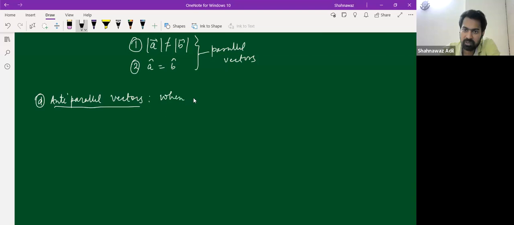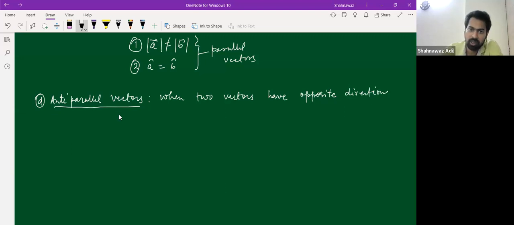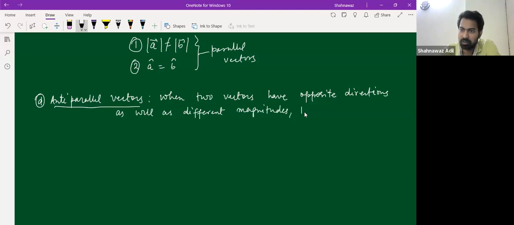So when two vectors have opposite directions as well as different magnitudes, those vectors are called anti-parallel vectors.